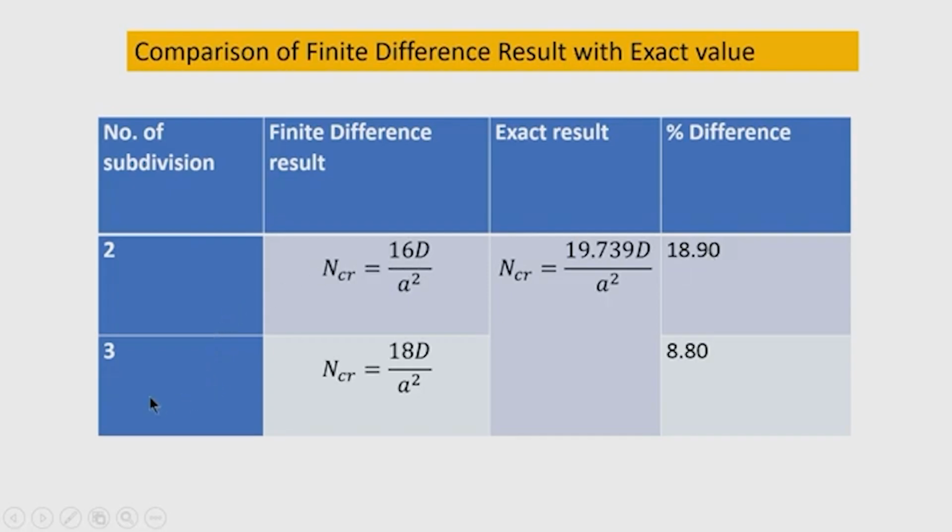When we increase the divisions to 3, the critical load is 18 D by a squared, but the exact value of the critical load is 19.739 D by a squared, and here the percentage difference is 8.8. So, that means by increasing the number of divisions, the accuracy is improved.